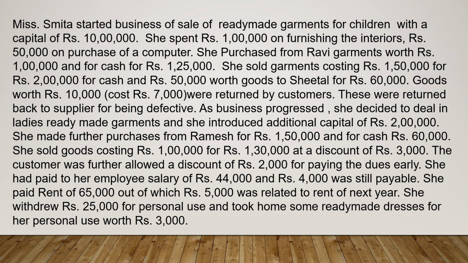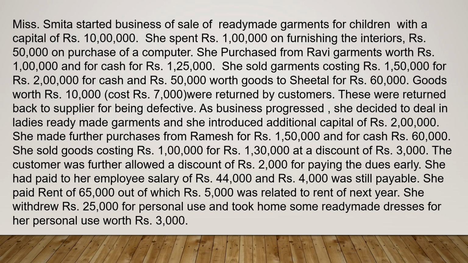She sold garments costing rupees 1,50,000 for rupees 2 lakh for cash and rupees 50,000 worth goods to Sheetal for rupees 60,000. Goods worth rupees 10,000, the cost of which was 7,000, were returned by customers. These were returned back to the supplier for being defective.